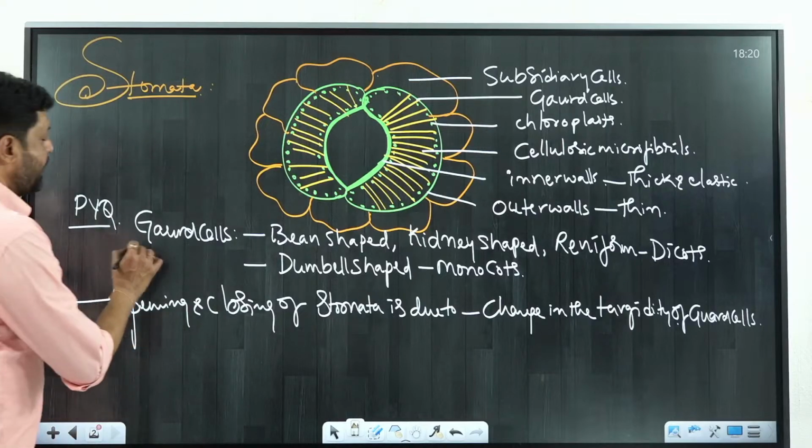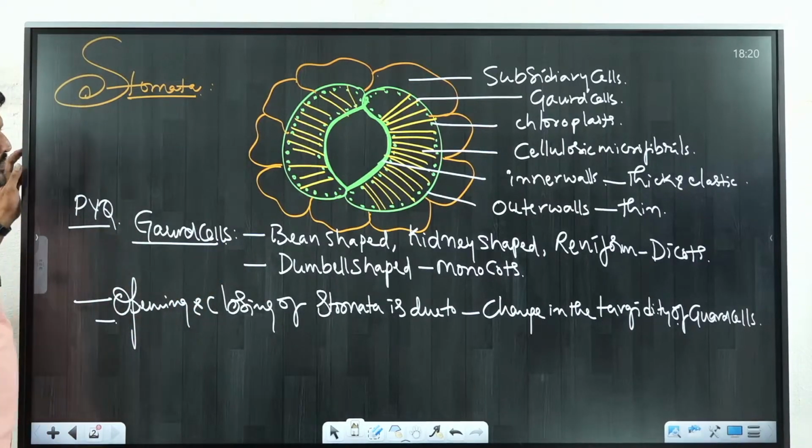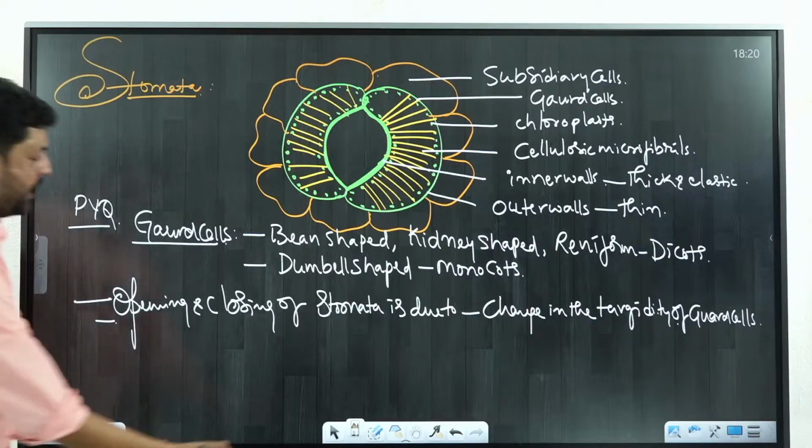Please write it down. Opening and closing of stomata is the most important. Was it clear? Regarding the guard cells, 2 questions have come, and in the recent past also 1 question is there, and one other question.